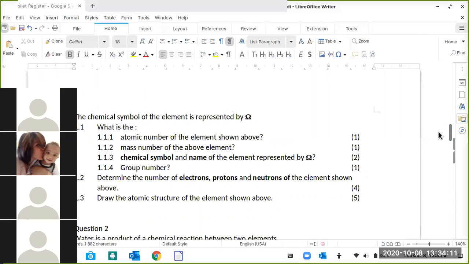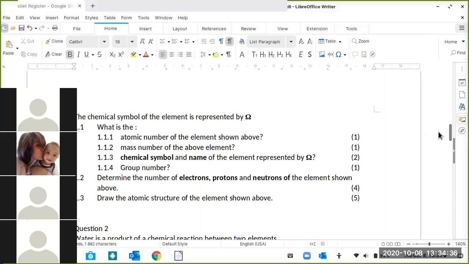Then what is the mass number of the above element? That's 24, thank you. Then 1.1.3, chemical symbol and name of the element represented by omega. What's the symbol? It's capital letter M and small letter what? G, which means it's Mg.